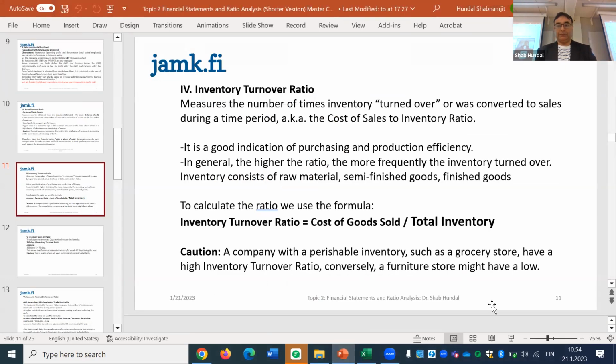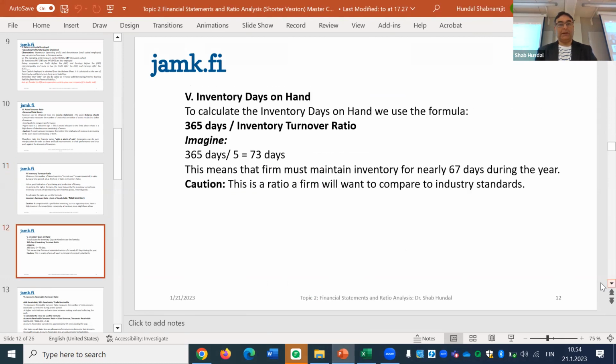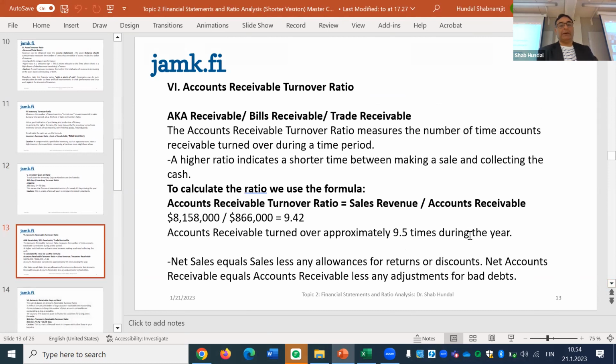The next ratio is also very interesting. It's called accounts receivable turnover ratio. Tell me something. You make sales to the customers. The customers take credit from you.